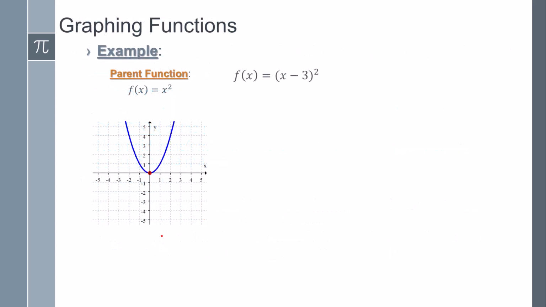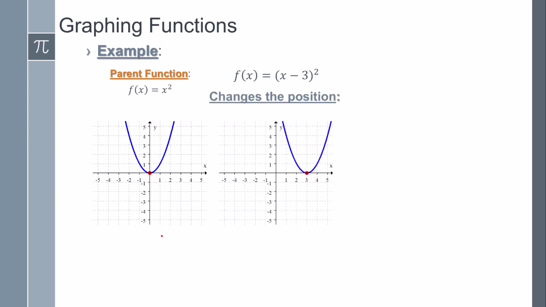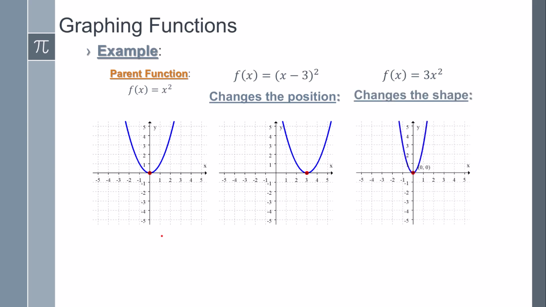So let's look at a few examples. If I have f of x equals x minus 3 squared, it moves the position, but the shape is the same. Now if I put a 3 in front, that's a vertical stretch. Notice the shape is different. Now I know you're thinking, well, they're both parabolas. Yes, they're both parabolas.